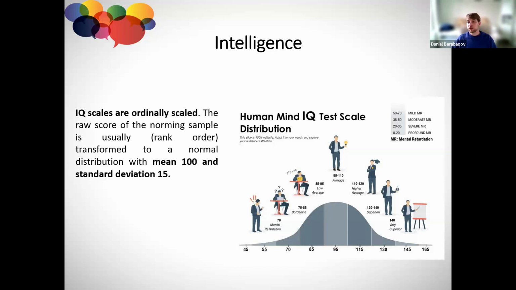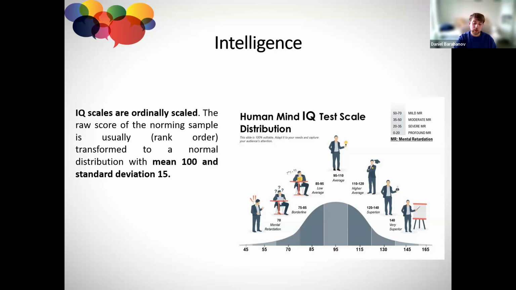More than 145 is considered to be absolute genius, and less than 55 is considered to be very low on intelligence, probably connected with some mental disorders or health problems. Right, so most people fit into the range from 85 to 150 on all IQ tests.